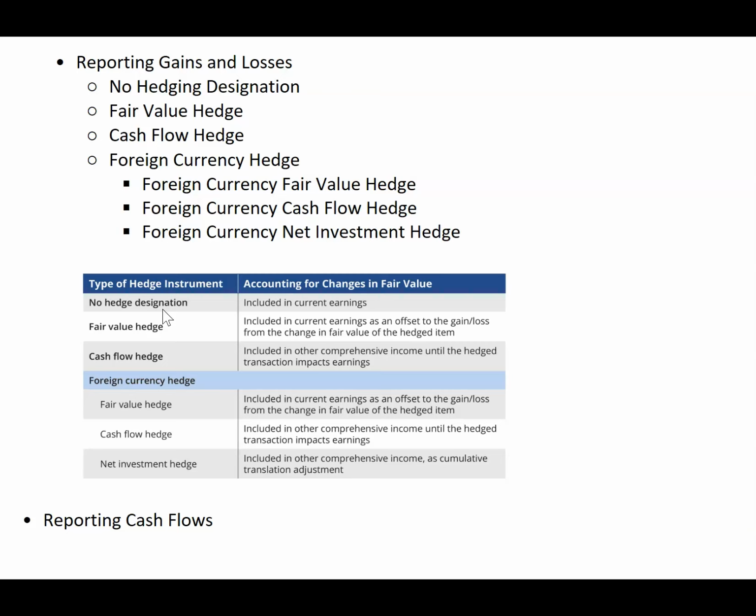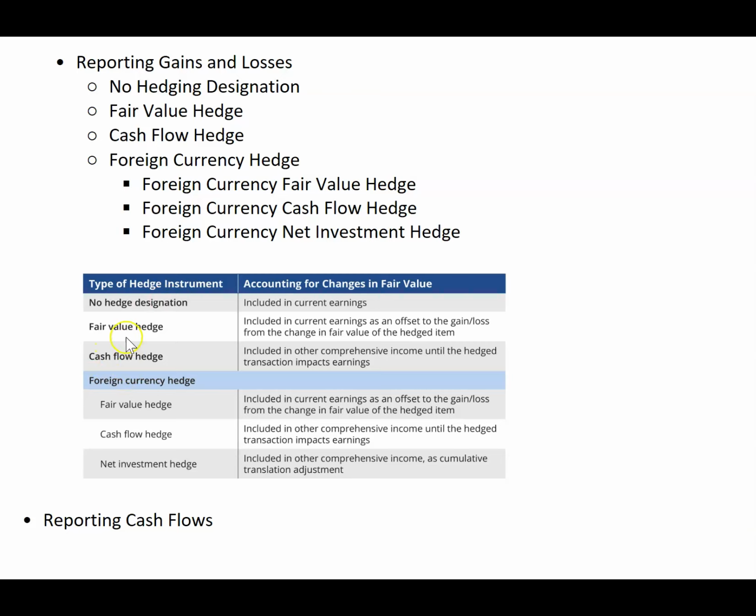So if the purpose is not to hedge, or to reduce some negative outcome or to protect against some future loss, we call it no hedge designation. And if you have any gains or losses, you have to show it in your income statement. The common example is the unrealized holding gain or loss from an option, and we have to show it in our income statement. It's part of your income.